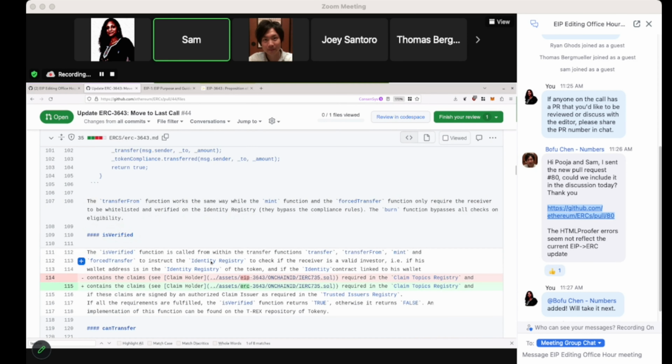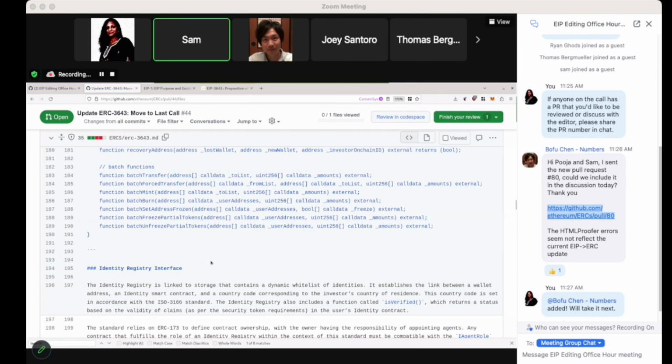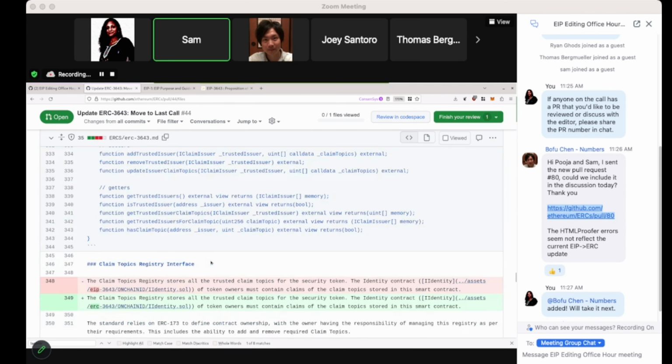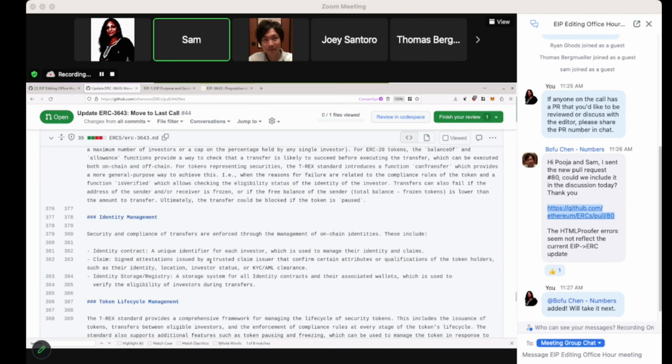Okay. So do they have in the rationale a reason why? Identity management.